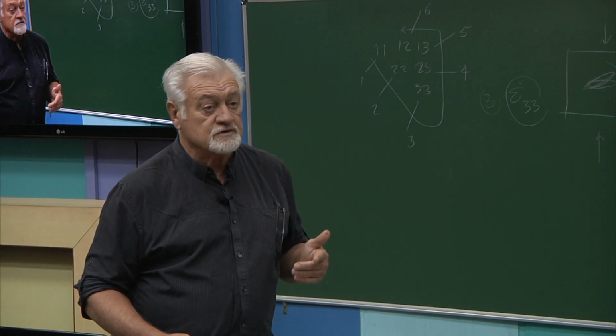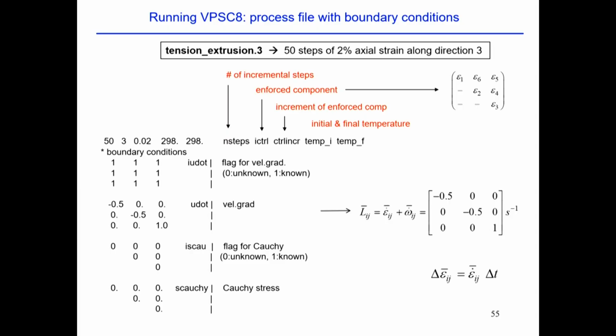If your constitutive law depends on the temperature, then you need to give the temperature at which you are running your test, and if your test runs with temperature evolving, you have to say what the initial and the final temperature are. This is an important parameter because these tell the code which components of the velocity gradient are being enforced.